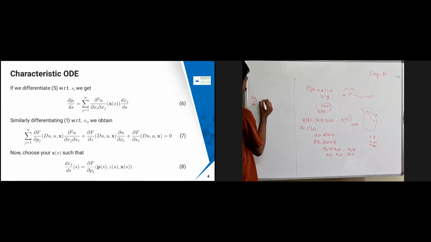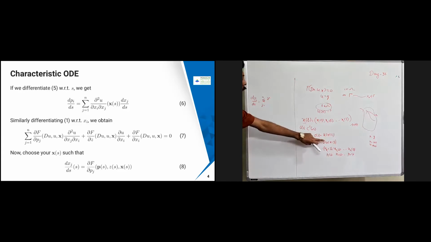So summation j equal to 1 to n, of the second derivative. P1 is nothing but u_x1 of x of s, so p is nothing but u_xi.